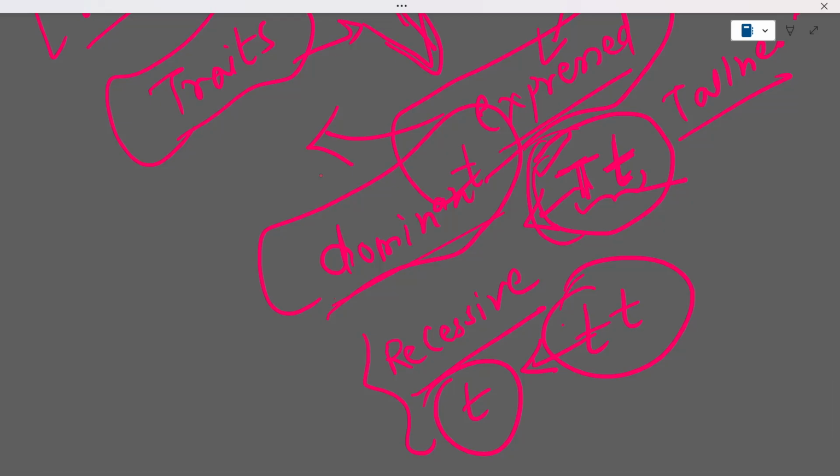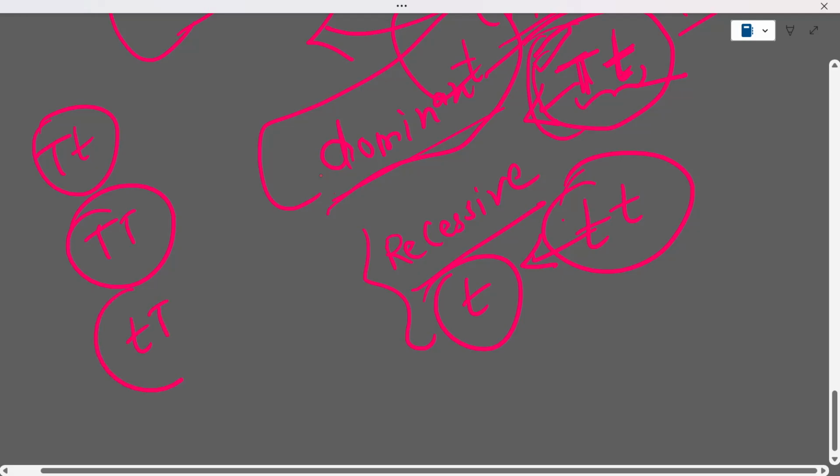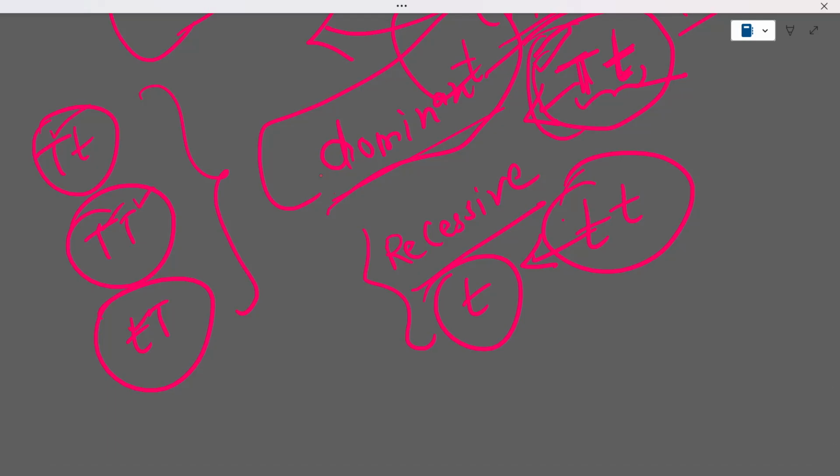Otherwise, in all such hetero individuals in which one trait, at least one trait, is dominant, this dominant trait is going to express.